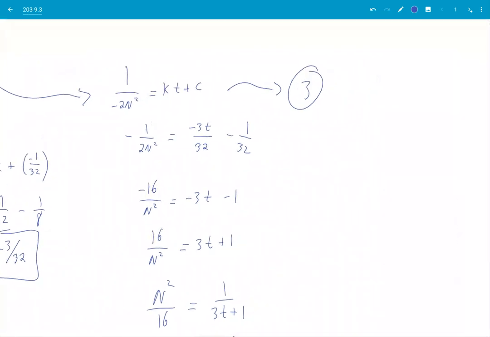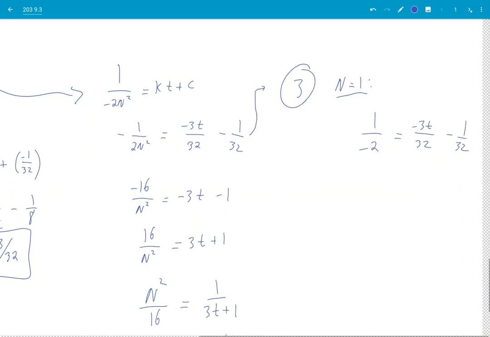When n is 1, I get 1 over negative 2 is equal to negative 3t over 32 minus 1 over 32. My apologies, I guess I'm using this equation instead, right? I'm going to solve for t.